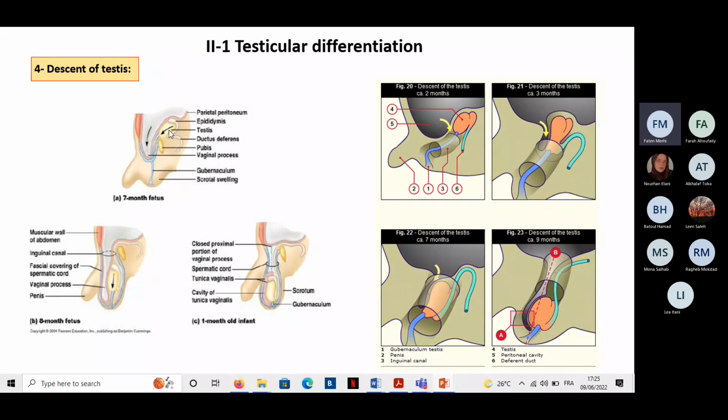If the temperature is 37 degrees, gametogenesis needs a lower temperature than 37 degrees to be achieved. If the testis remain in the abdominal cavity, this will produce sterility in the males.